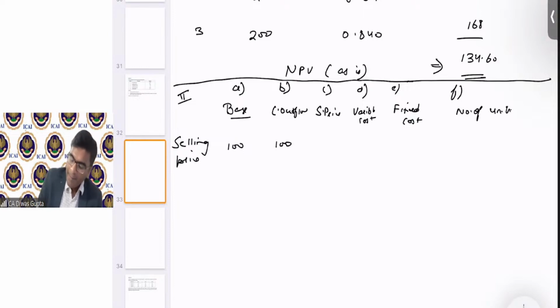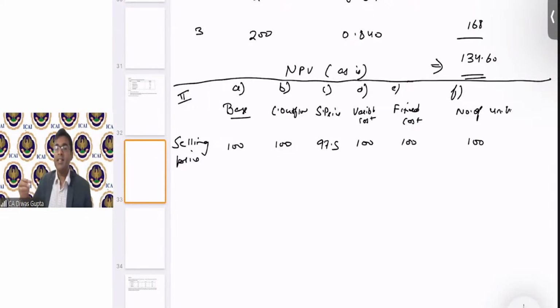Selling price will become 100 multiplied by 97.5%, which is 97.5. Here it will be 100, 100 and 100, because in other cases, we are not changing the selling price. We are changing the selling price only in the case of selling price.